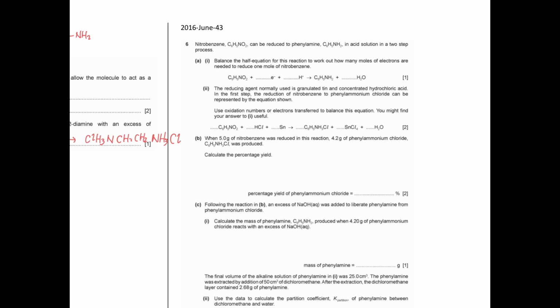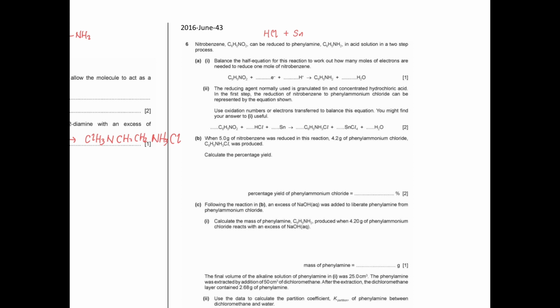So if you still remember this, if you want to change nitrobenzene to phenylamine, we have to use HCl plus tin. Okay, number 1, balance the half equation for these reactions to work out how many moles of electrons are needed to reduce 1 mole of nitrobenzene.